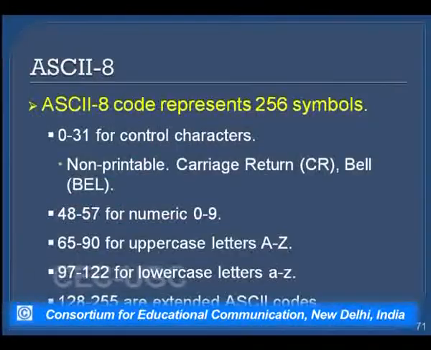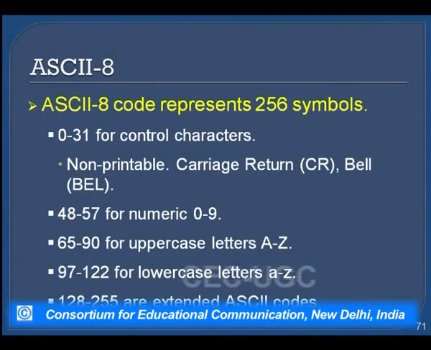If you know these three, you can find any other. If capital A is 65, capital B will be 66, capital C will be 67 and so on. If small a is 97, small b will be 98, small c will be 99 and so on, and 48 is 0, so 49 will be 1 and so on. These are some of the key ASCII numbers that you can remember.